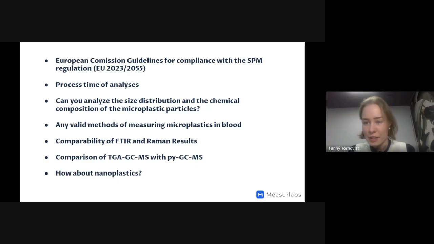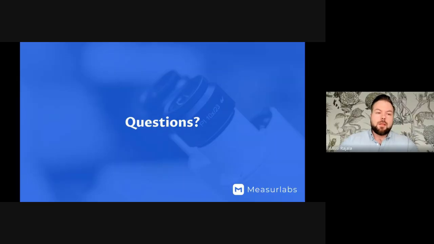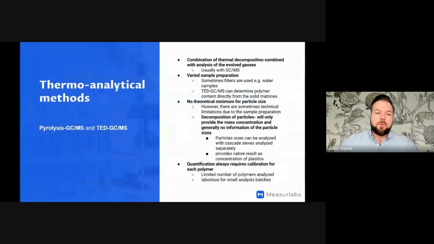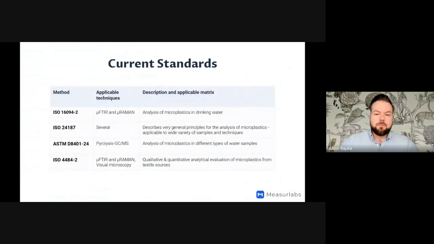Then we had, I think, a couple of persons ask about this. Are the methods accredited, or is accreditation for these methods being sought? We have some methods accredited. For example, we do have the ISO 16094-2 accredited for clean water samples.